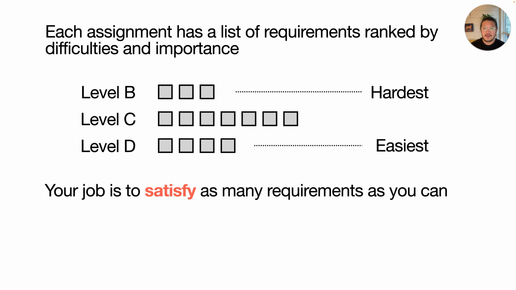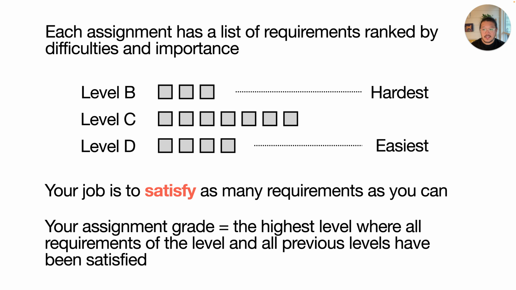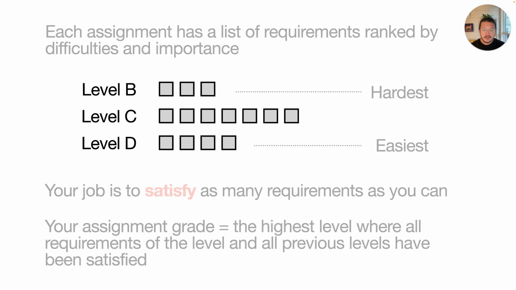Your job is to satisfy as many requirements as you can, and typically what you want to do is satisfy all the baseline, so D requirements, then C requirements, then B requirements. So do the easiest one, the moderate one, and the hardest one. And your assignment grade is the highest level where all the requirements of that level and all the previous levels have been satisfied. So what does that mean?